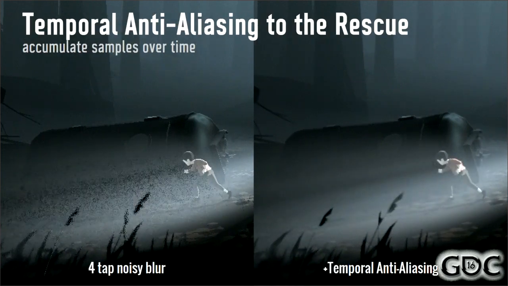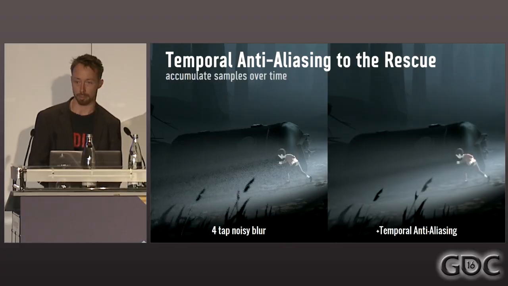An additional reason why that's a good idea is because, as you may remember, we have a temporal anti-aliasing pass. And at least in our implementation of the temporal anti-aliasing, we're using what's called neighborhood clipping. The way that works is that for each pixel, it looks at the immediate neighborhood, and any value that's within the immediate neighborhood is accepted.